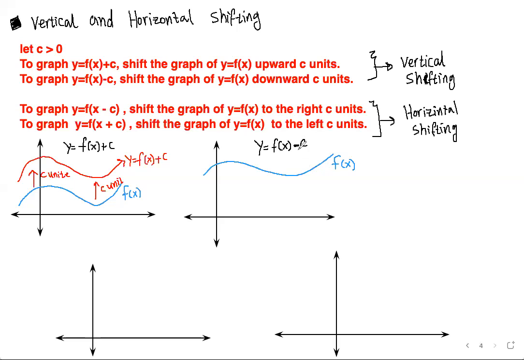Why down? Because we have negative c. Negative c means we shift it down c unit, and the c, look here, is outside the function. It's not inside the parentheses of the function. So the graph will be something like that. So this means c unit goes down, c unit.